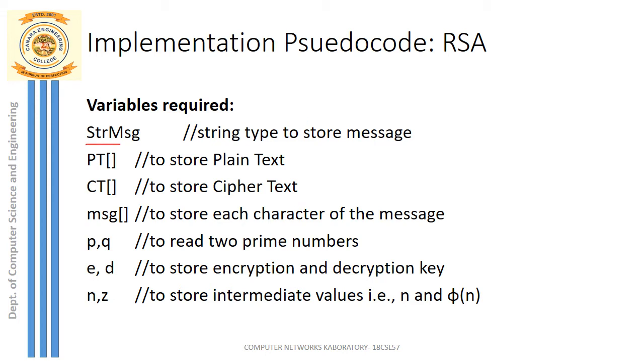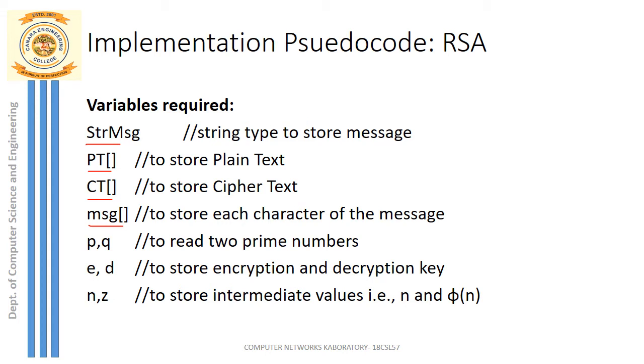The next variable is an array to store the plain text, and one more array to store the ciphertext after calculating it from the plain text. The third array is MSG, to store the converted array of characters from the string.